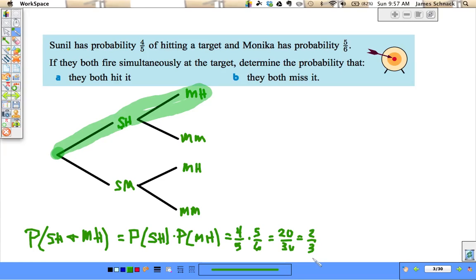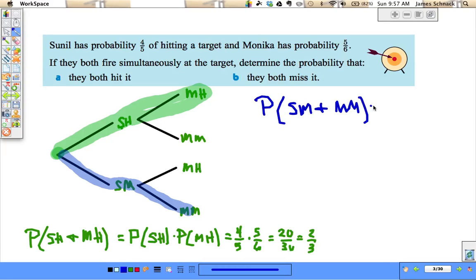So now visualize using the tree diagram. Where am I going to be looking at to show that they both miss? Well, the way that they would both miss would be down along the bottom branch of this tree diagram. Sunil miss, Monica miss, they're both having a rough day. So probability that Sunil misses and Monica misses will be equal to the probability that Sunil misses times the probability that Monica misses.